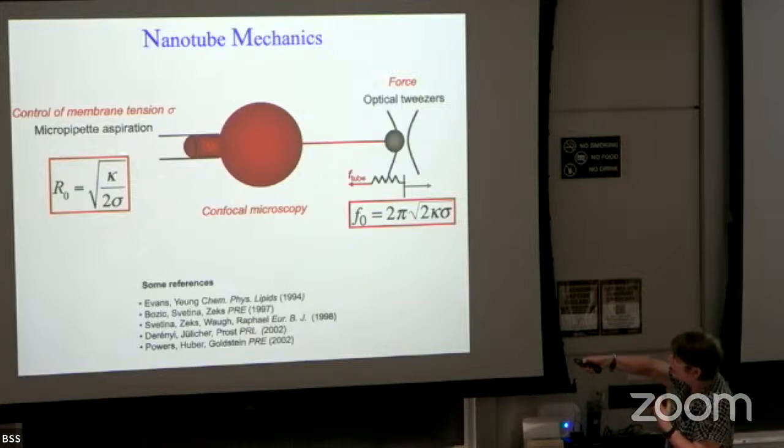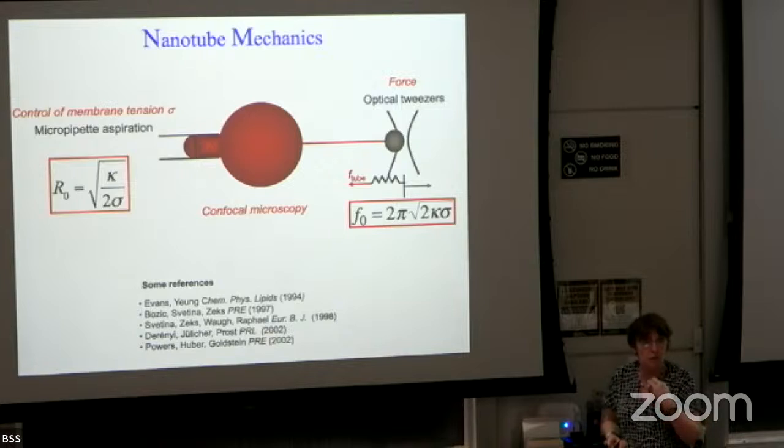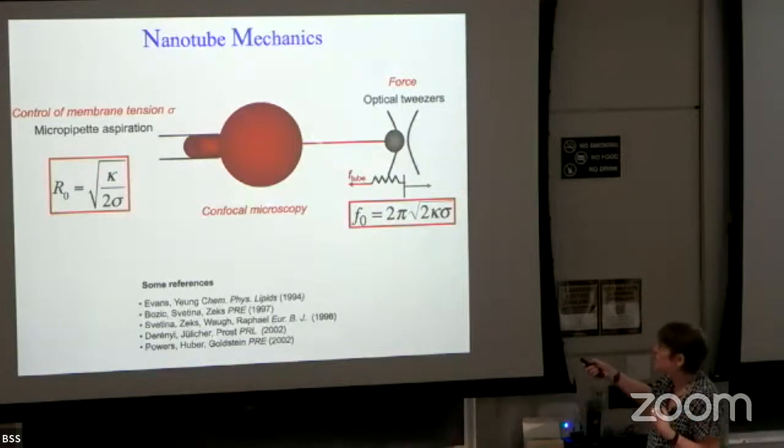So the tube radius is a ratio between kappa and sigma. And you can see that it's very easy to change the radius, because if you aspirate the vesicle, you will increase tension. And if you increase the tension, you will just change the tube radius. So that's a very easy way. So it's a system that is convenient for that.